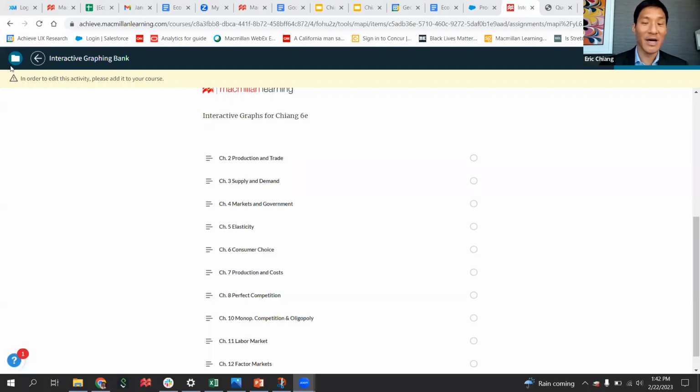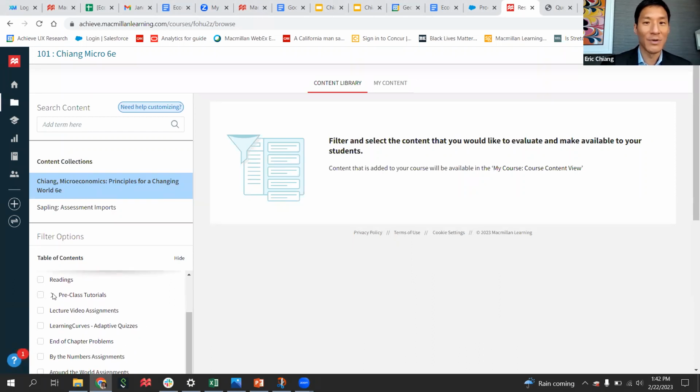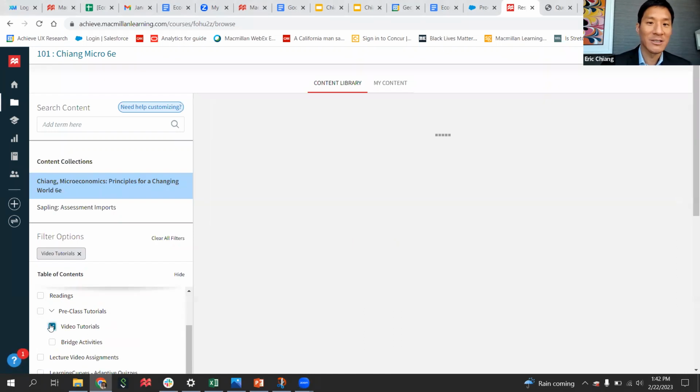For me, it depends on the course. When I teach, for example, my honors class, I tend to flip the class more in an honors class than in a non-honors class. So in that case, in my honors class, I would have the students complete the pre-class tutorial and answer the bridge questions so that I can use those responses within the actual class time, where the actual class is less lecture-based and more discussion-based.